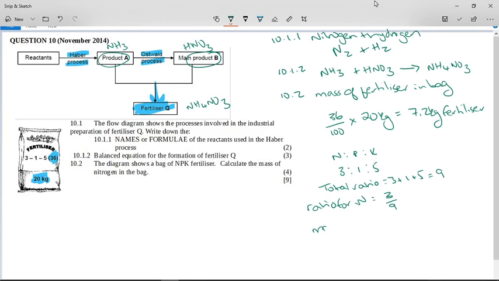So the mass of nitrogen is going to be 3/9 times the mass of the fertilizer, which is 7,2, and if you put that in your calculator, it's a third of 7,2, 2,4 kilograms. So there are 2,4 kilograms of nitrogen in this whole bag. So remember, first of all, you calculate the mass of fertilizer in the bag based on the whole mass of the bag, and then you calculate what is the ratio of the nitrogen in the NPK.